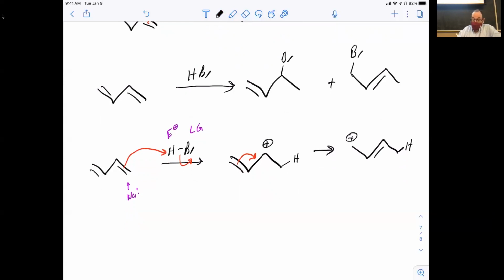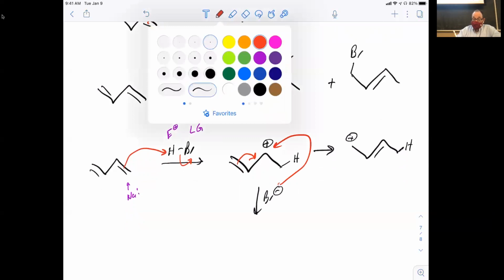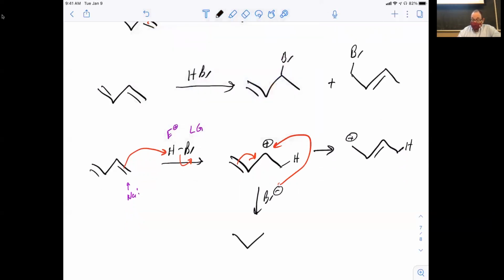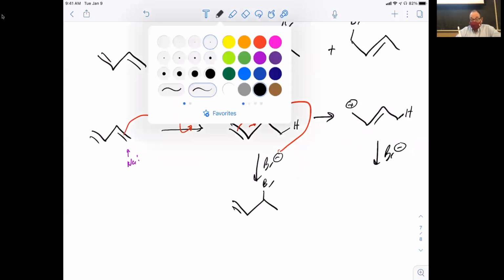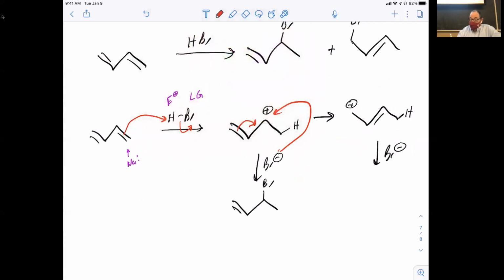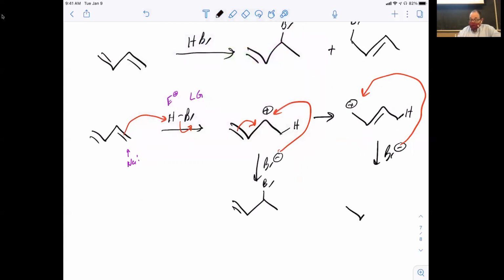If I then had the bromine react with this first one, nucleophile attacks electrophile, I'll end up with the bromine going up. Or if the bromine in this other case attacked here, and let's leave the H on for right now, I would get this species.